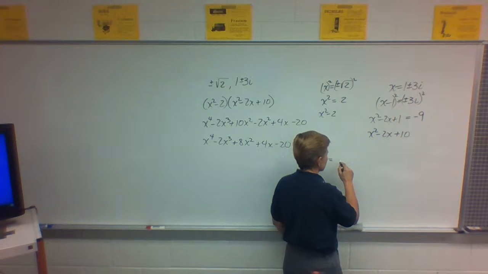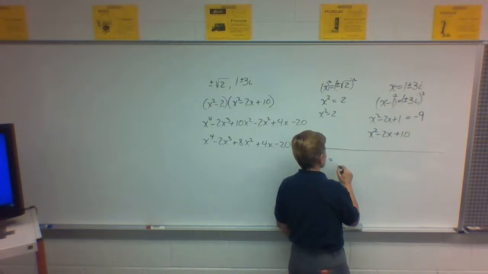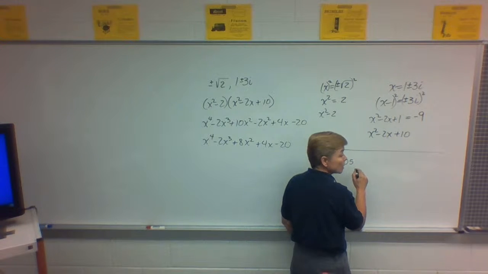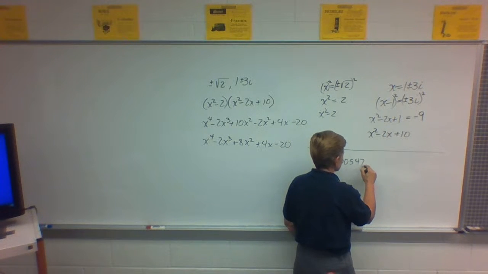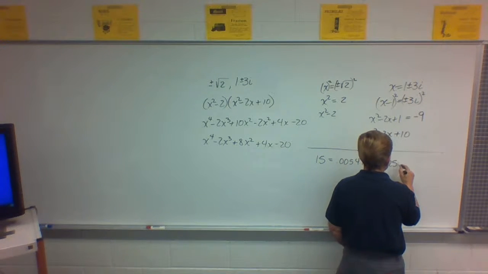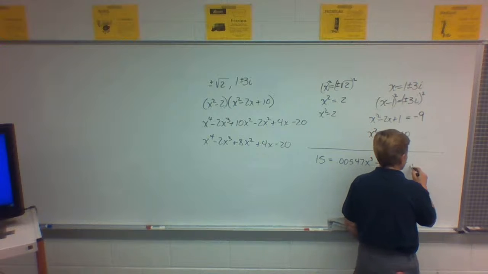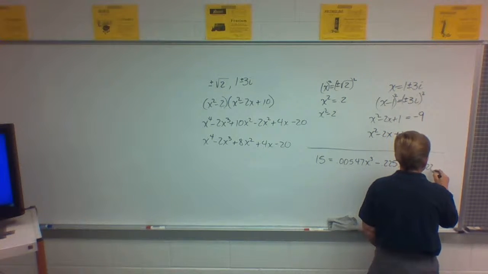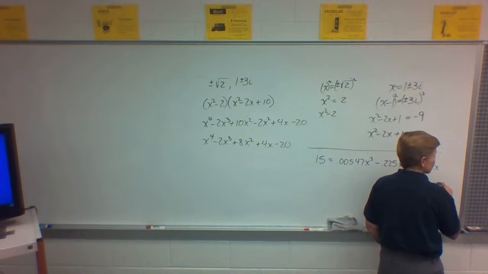Read it to me. 0.0, 5, 47 X cubed, minus 11.